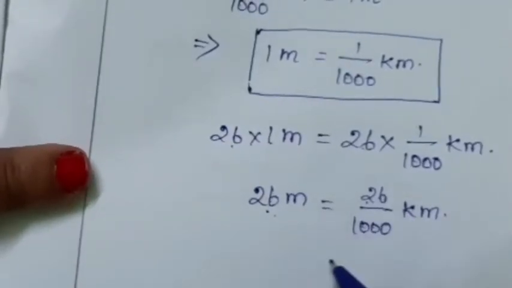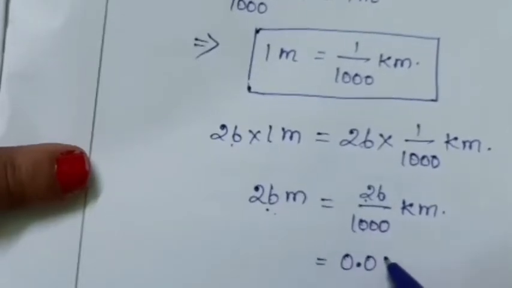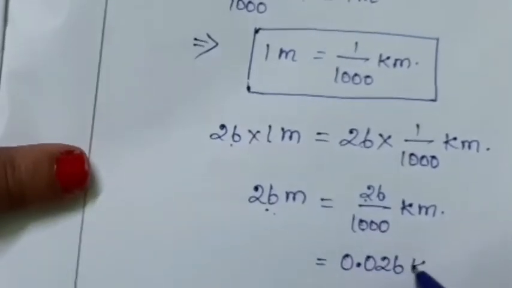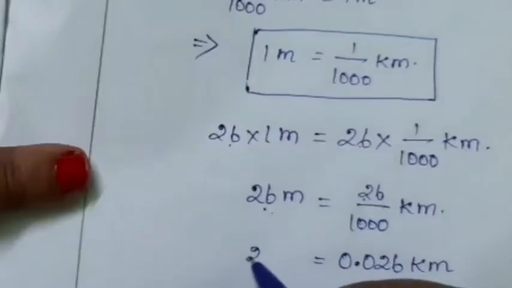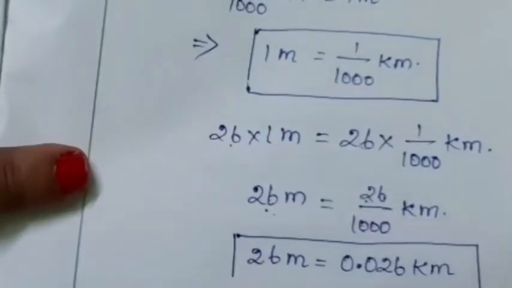Dividing 26 by 1000 we get 0.026 kilometer. Therefore 26 meter is equal to 0.026 kilometer.